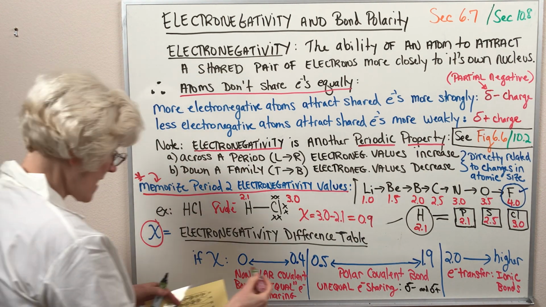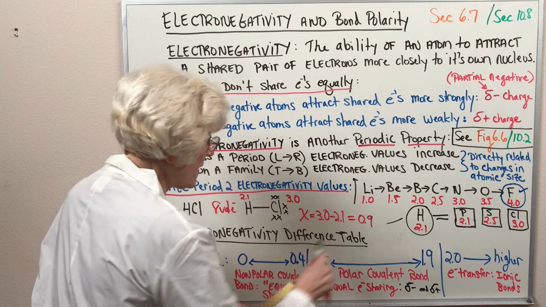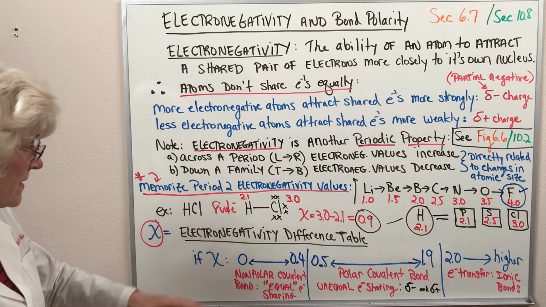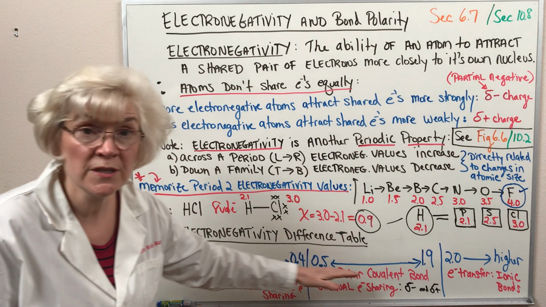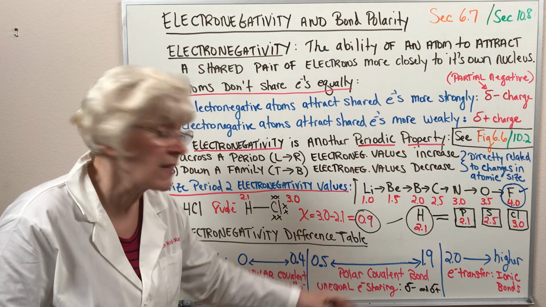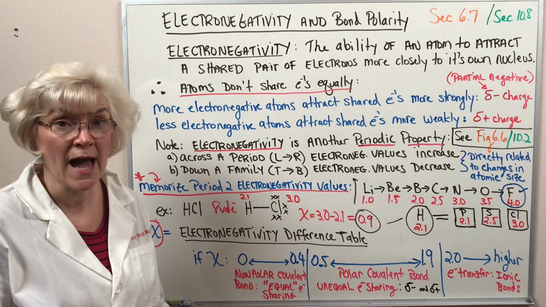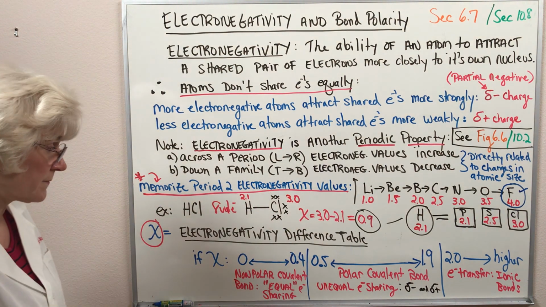Well, what does that value of 0.9 mean? And in order to understand that, we have to move to this table that explains how the difference in electronegativity between two atoms can be interpreted.